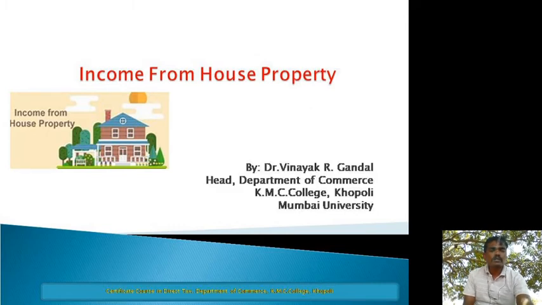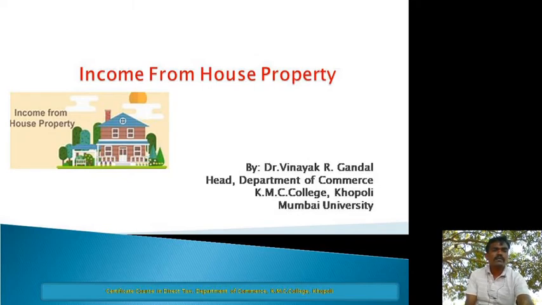Under house property, income is chargeable to tax based on gross annual value. So we must know how to calculate gross annual value. The gross annual value is to be calculated by considering 4 concepts, that is municipal valuation, fair rent, standard rent and actual rent.